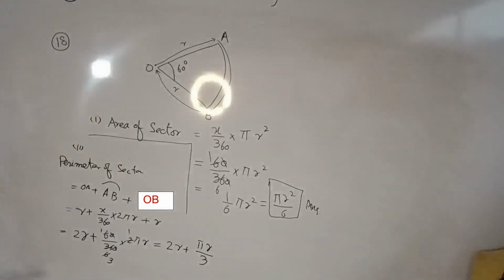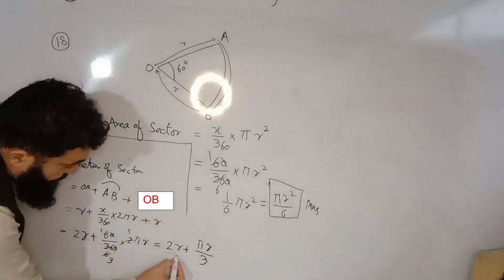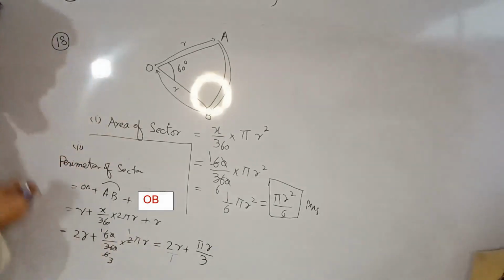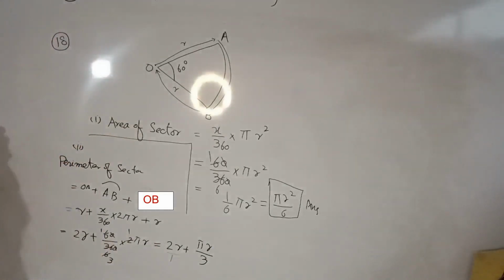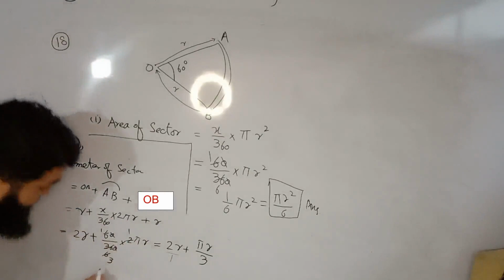Okay, this is the final answer, or you can simplify it more. What could the simplification be? Put 1 here and take the LCM. The LCM of this expression is 3.